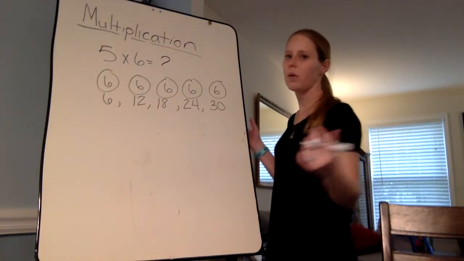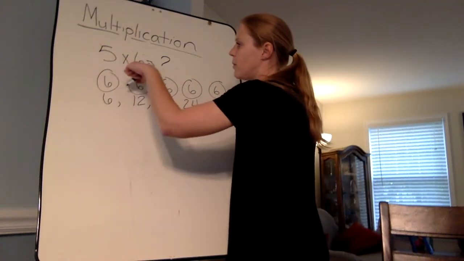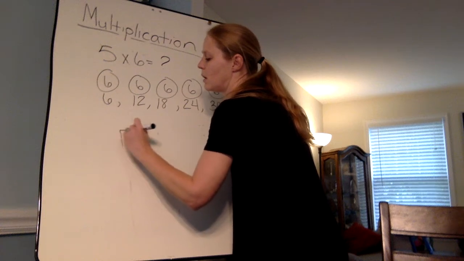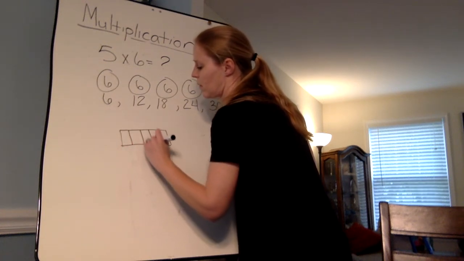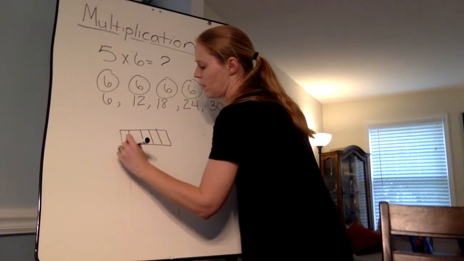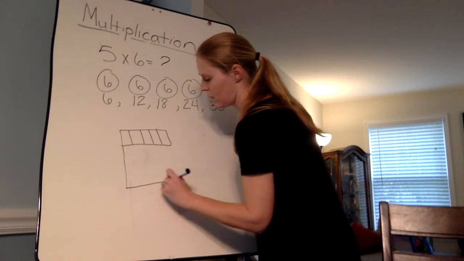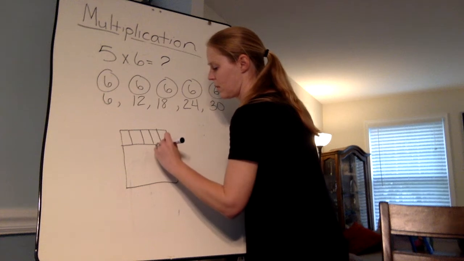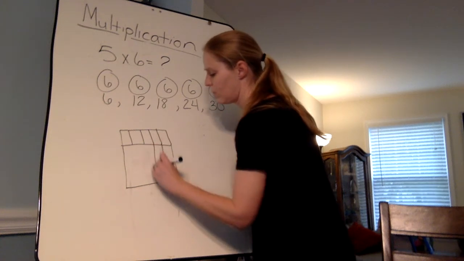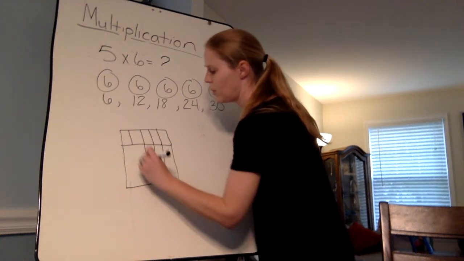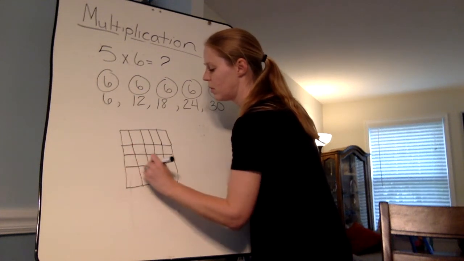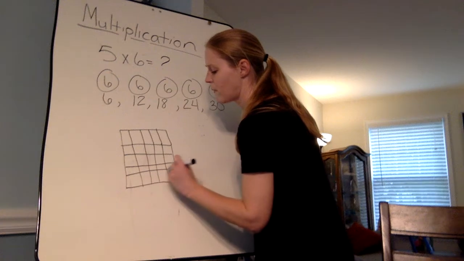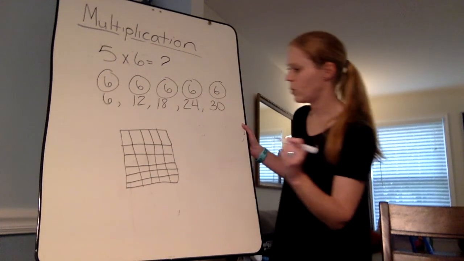Or the array. So I have 5 groups of 6. Keep making those rows. Hopefully I made it long enough this time. 2, 3, 4. Oh, I got a little short at the end.